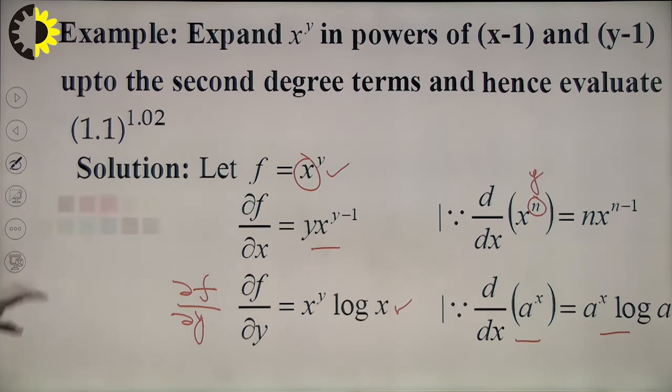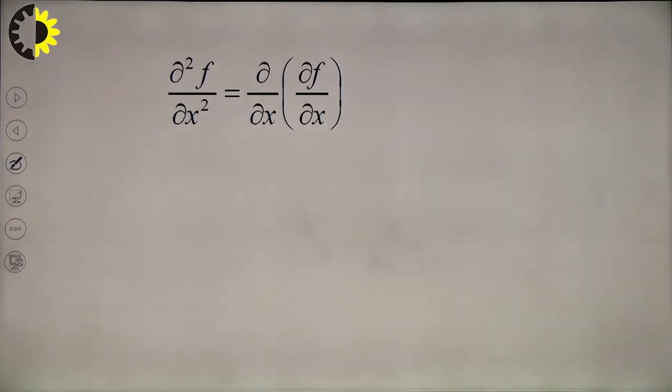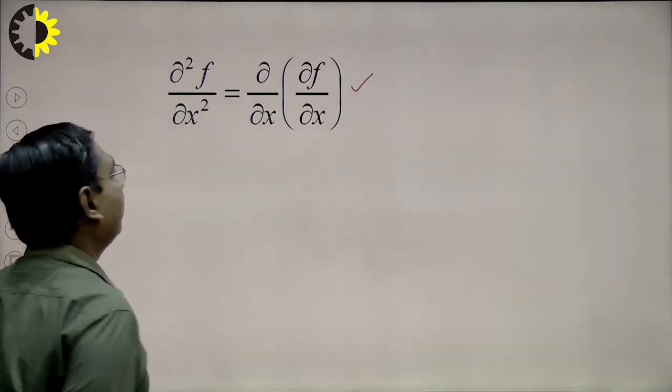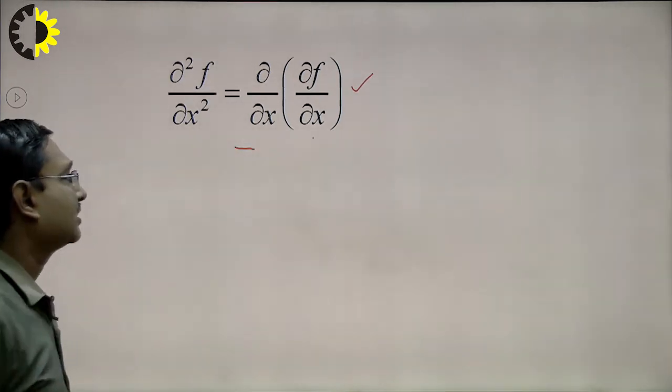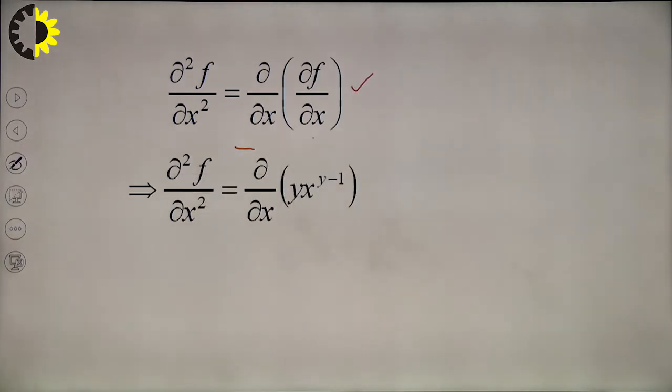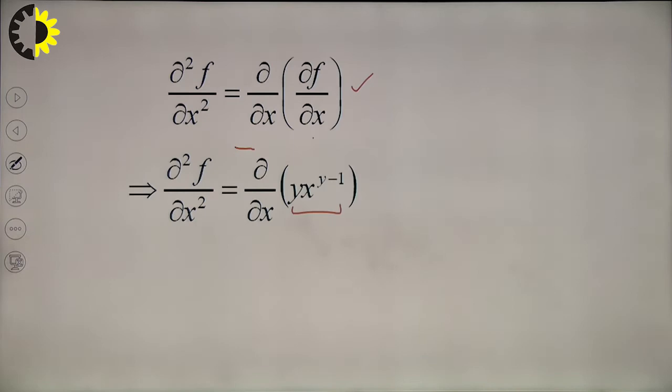Now we move towards higher derivatives. First higher derivative is del 2f over del x square, which can be written as del over del x of del f over del x. This del f over del x was calculated as y x raised to the power y minus 1.